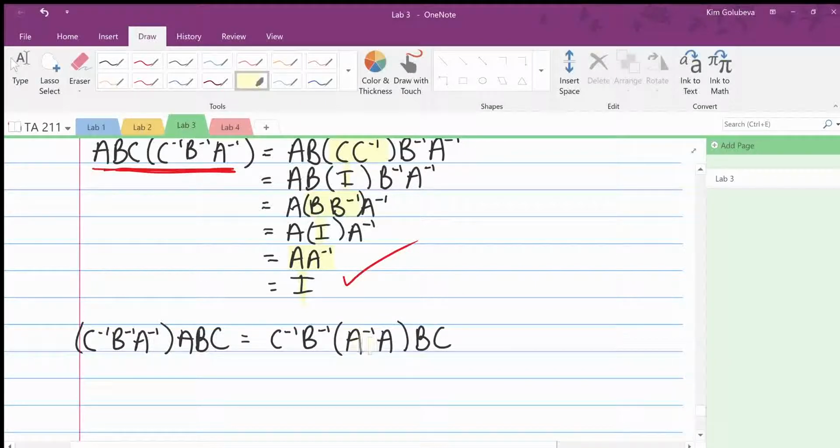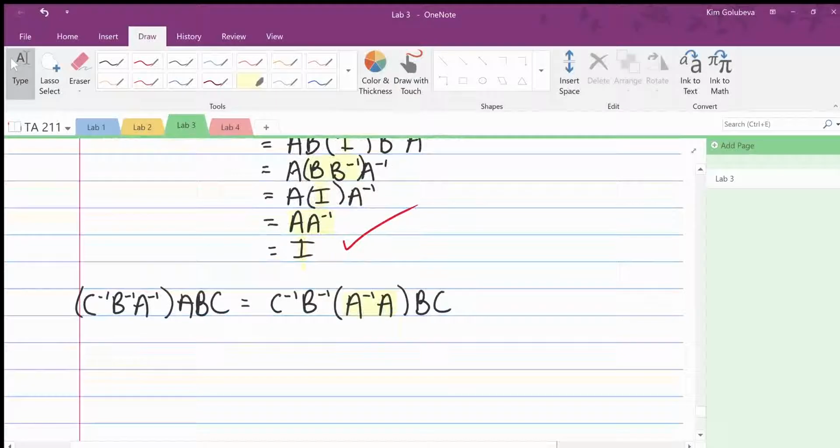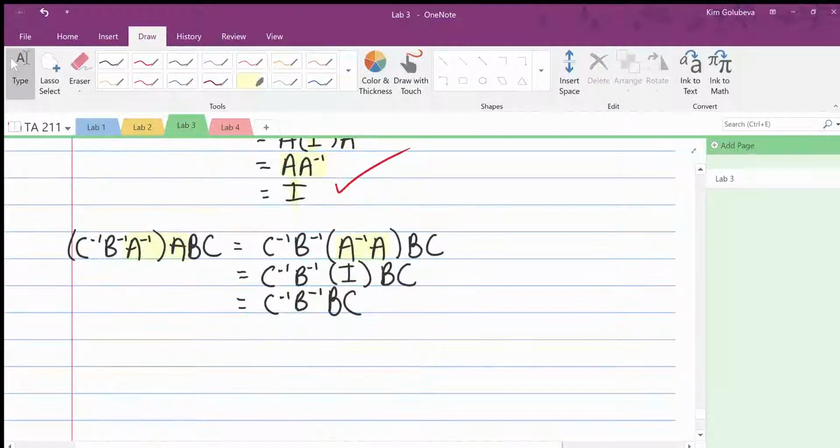So here we have an A inverse and an A together. You can see we just rebracketed it so it looks more like what we want. So we have C inverse, B inverse, then we have the identity, and of course the identity matrix multiplied by anything is just itself, so we can leave that out.